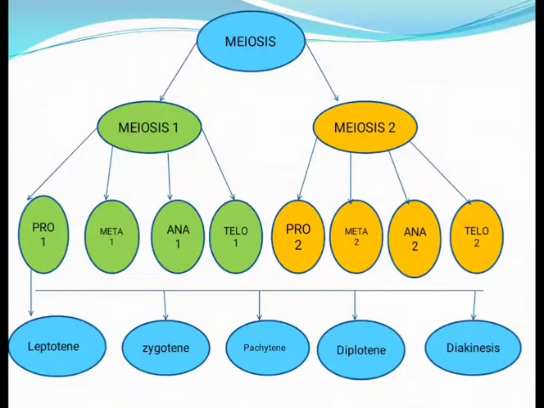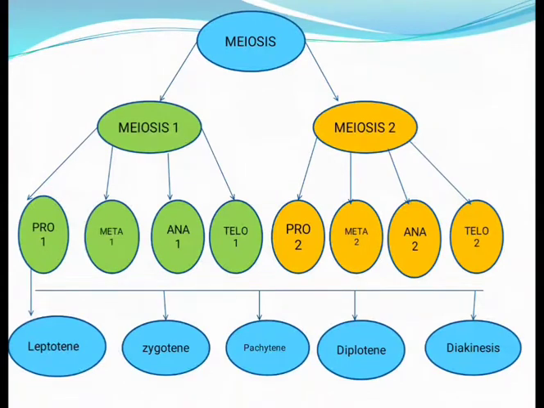These are the phases involved in meiosis. Actually these phases are performed one after another, but to understand it properly, I have represented them in a tree diagram form. When meiosis starts, the first phase is prophase 1. In that, leptotene occurs first.